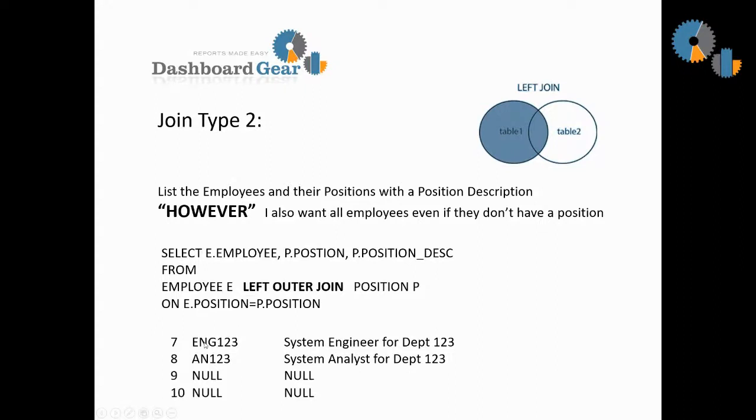So in the columns from the right table, if there is a matching record, you'll see data showing up. So engineer 1, 2, 3, and then their description, and analyst 1, 2, 3, and its description. And for the records where it doesn't exist, you'll see null in the fields. So you're going to include all the employees no matter what in this particular case.